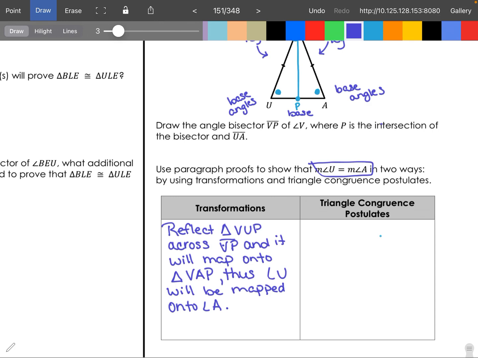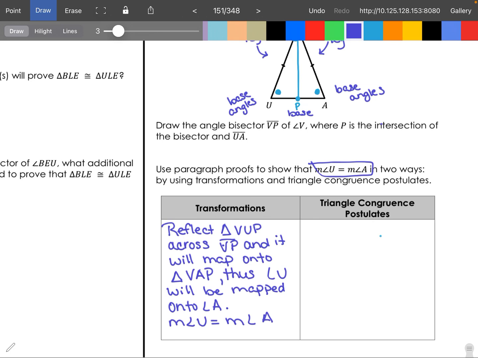So the measure of angle U is equal to the measure of angle A. And if you want to think about it, definition of congruence. We're going to say that on the right-hand side where we're showing our triangle congruence postulates. I'm going to let you finish writing that really quickly, but I'm just going to kind of talk it through.